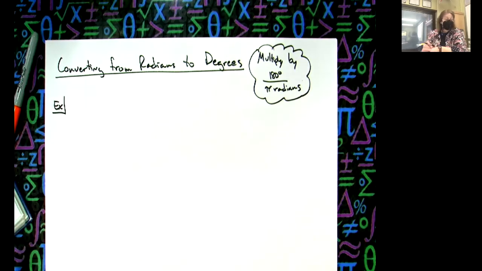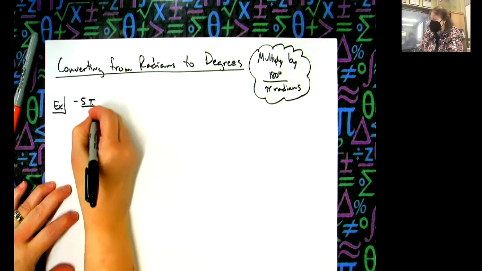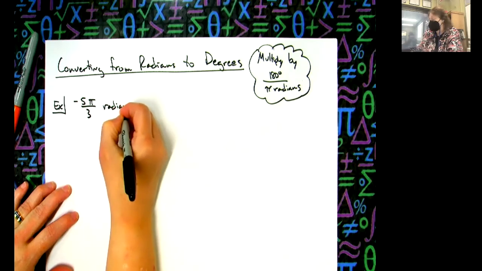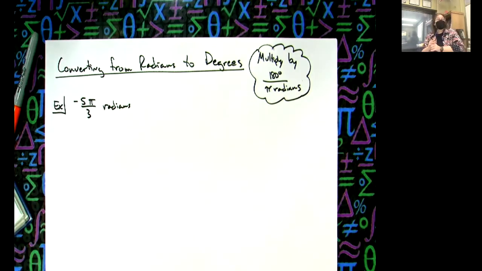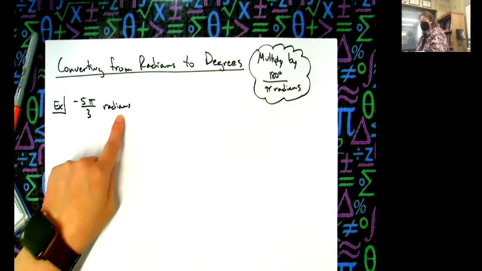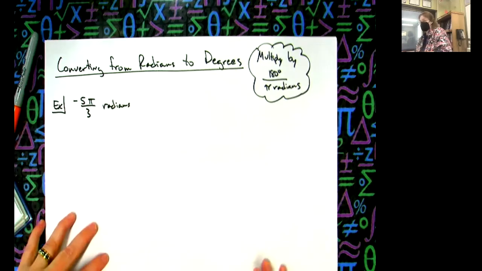So I don't know, let's just randomly take, why don't we take that one? Let's do like negative 5 pi thirds, negative 5 pi over 3 radians. All right, now in your textbook, I think it's going to be written like this, where radians is just going to be out here. Your measurement's going to be here, because in this first section, they're going to actually label all this kind of stuff.